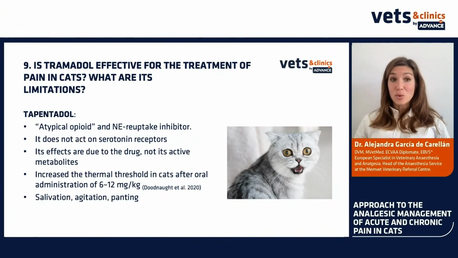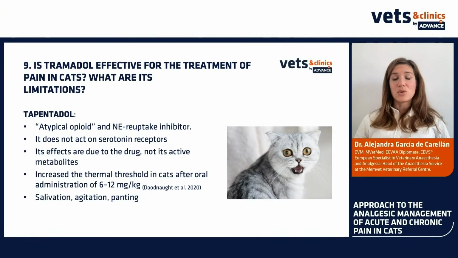Then there is tapentadol, which is a newer drug, with kind of the same mechanism of action as Tramadol. It's an atypical opioid like Tramadol, and also a noradrenaline reuptake inhibitor, but does not act on serotonin receptors. Its effects are due to the drug itself and it doesn't need an active metabolite to work.